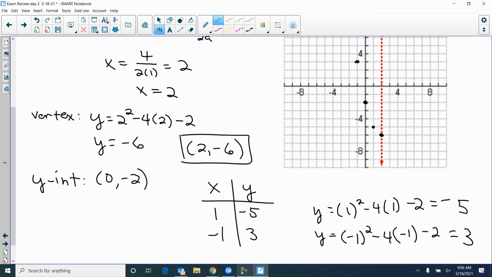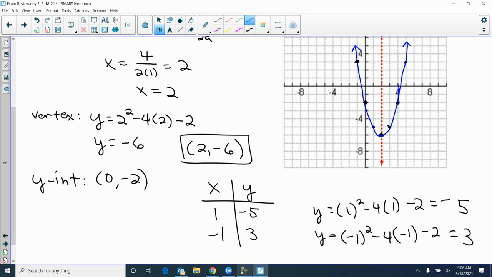So we do the mirror point. So we go over to the other side. Whoops, I missed that one. So we go up through here. All right, so you got your parabola. Make sure you put some arrows in it to carry it past there as well.